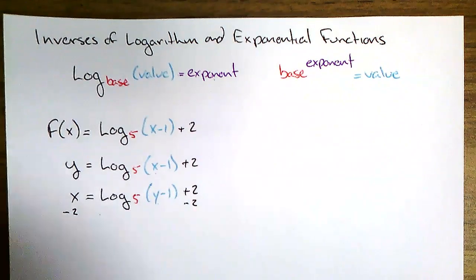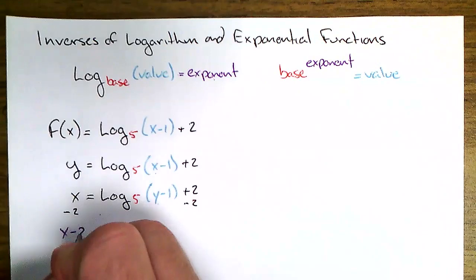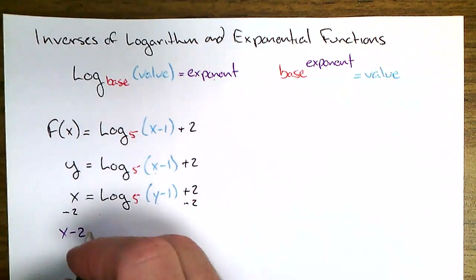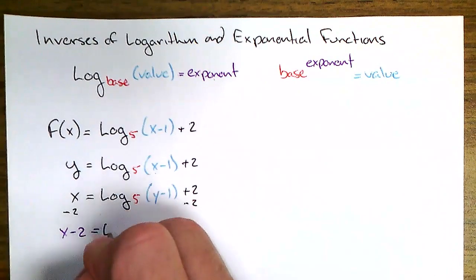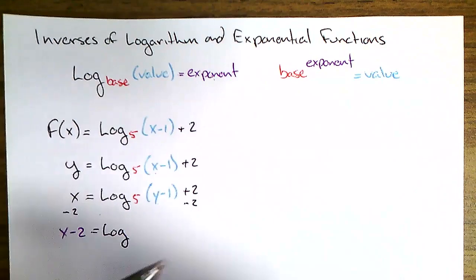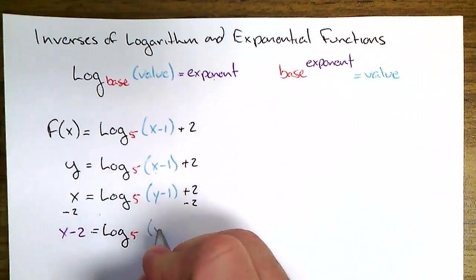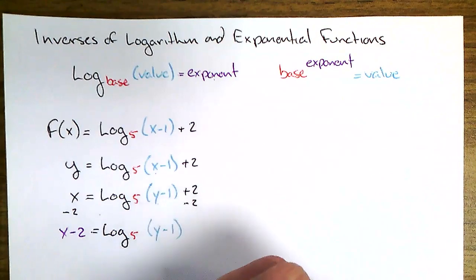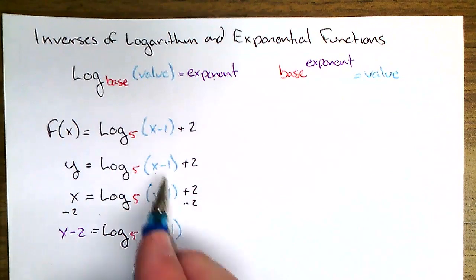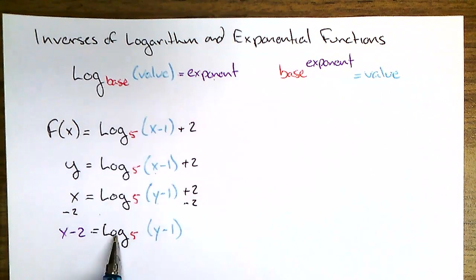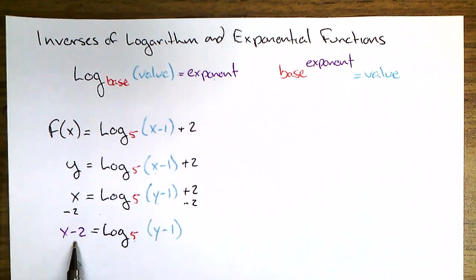And so I end up with x minus 2 is equal to log base 5 of y minus 1. Now we're in a more traditional log function format. This answers the question of what value, when 5 is raised to it, returns the value of y minus 1, and that's x minus 2.